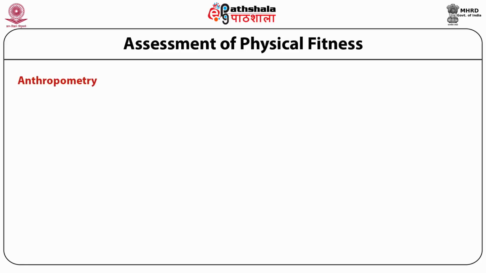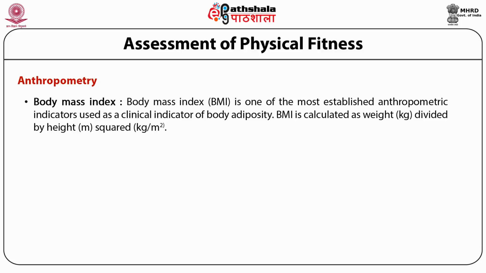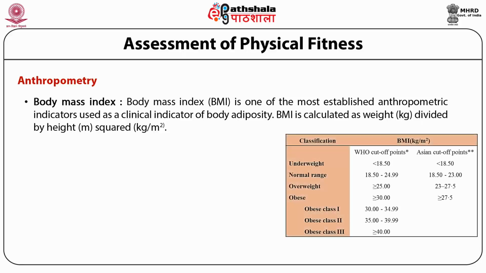Anthropometry is another way of assessing body composition. In anthropometry, the body mass index is one of the most established anthropometric indicators used for the clinical indication of body adiposity. The body mass index, or BMI, is calculated as the weight in kg divided by the height in meters squared, as can be seen from this figure also.